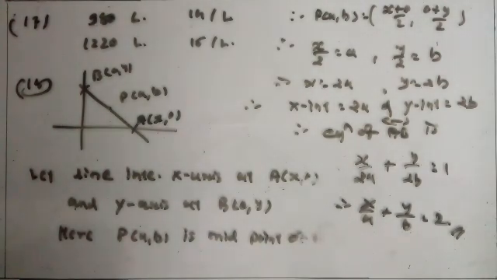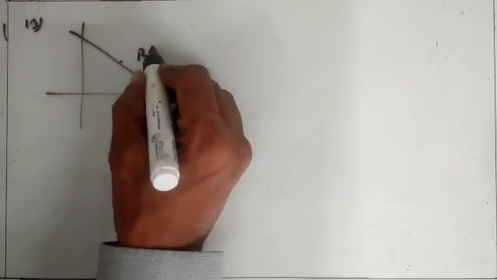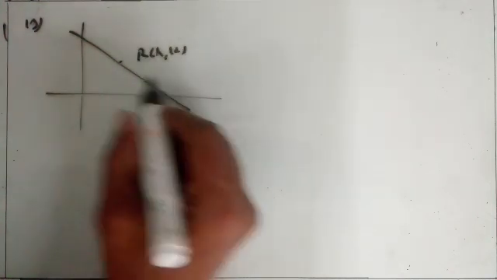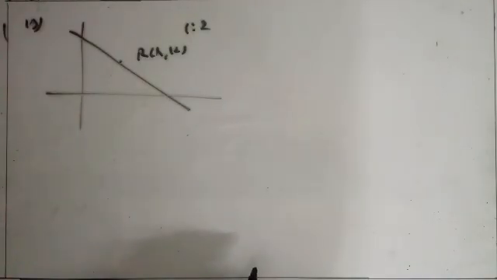Question number 19. Point R(h, k) divides a line segment between the axes in a ratio 1:2. Find the equation of line.